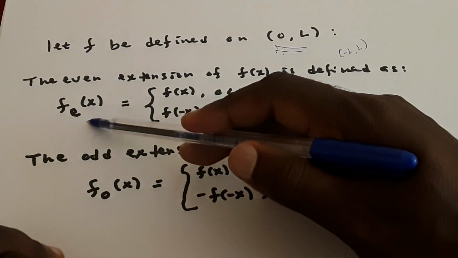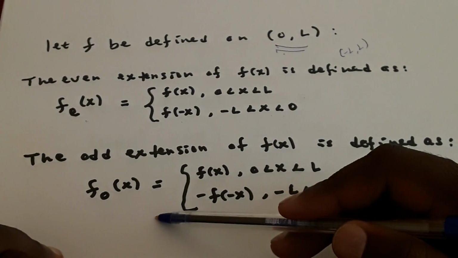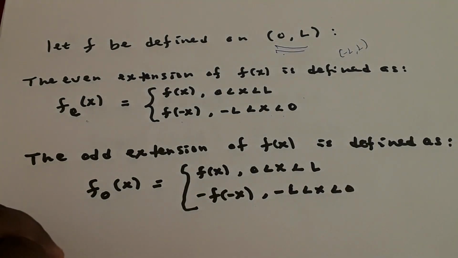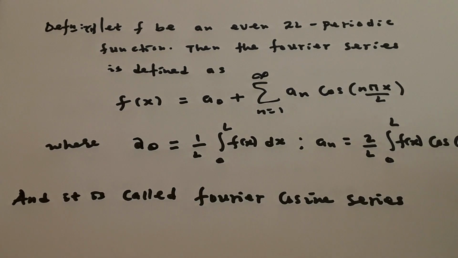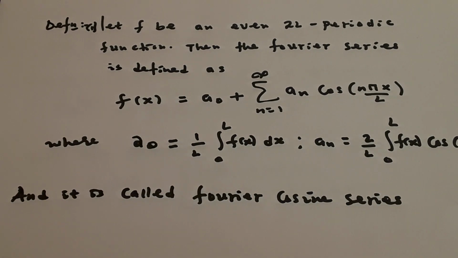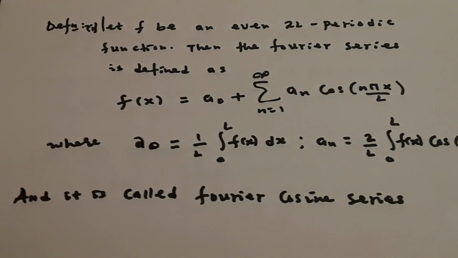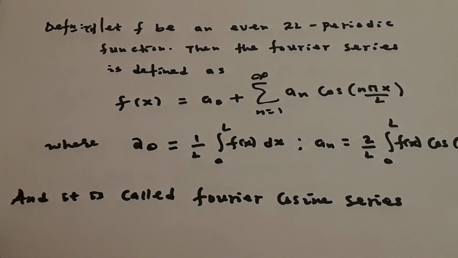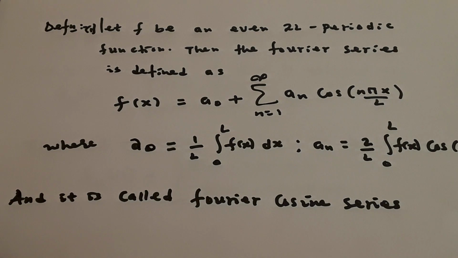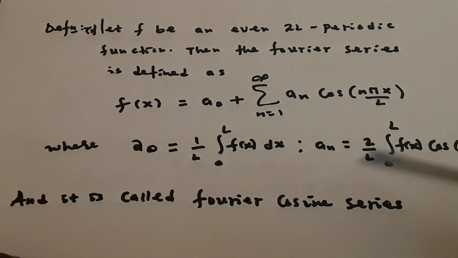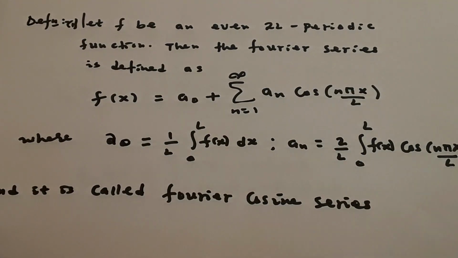So keeping this in mind, we can define the Fourier cosine and sine series representation. Let f be an even 2L periodic function. Then the Fourier series is defined as f of x equals a naught plus the sum of an cos n pi x over L, where a naught and an are given here.